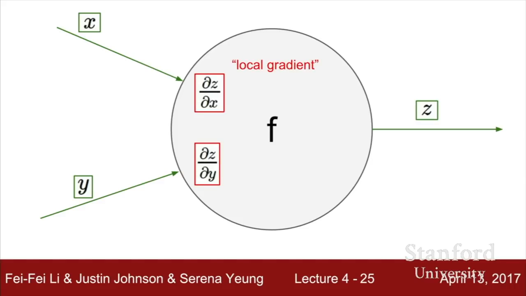At this node, we also know the local gradient. We can compute the gradient of z with respect to x and the gradient of z with respect to y. These are usually really simple operations. Each node is going to be something like the addition or the multiplication that we had in that earlier example, where we can just write down the gradient and we don't have to go through very complex calculus in order to find this.